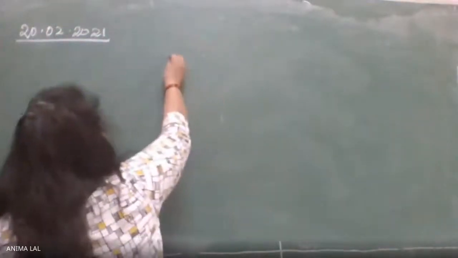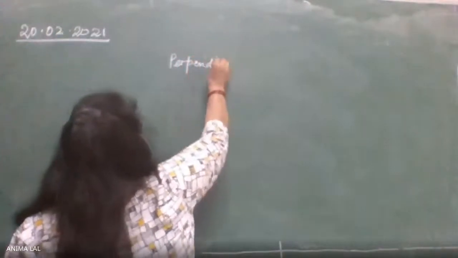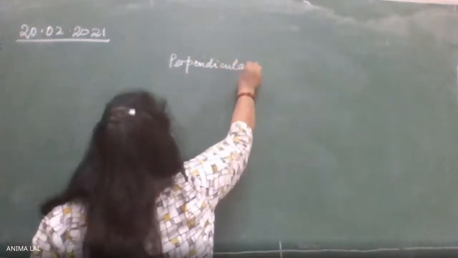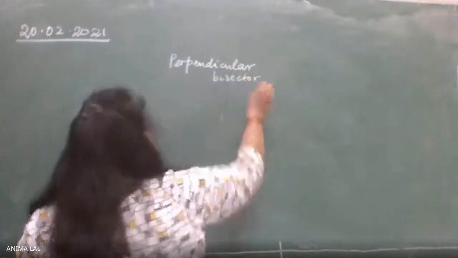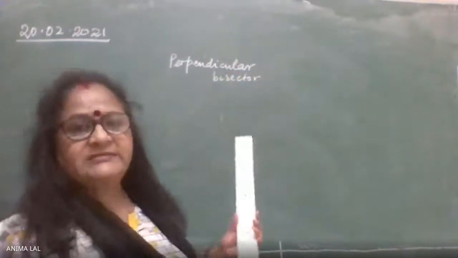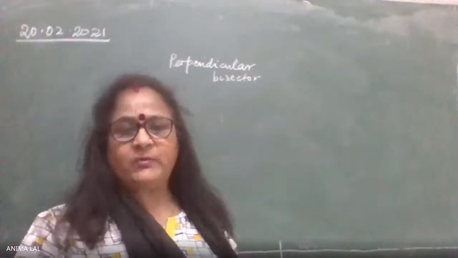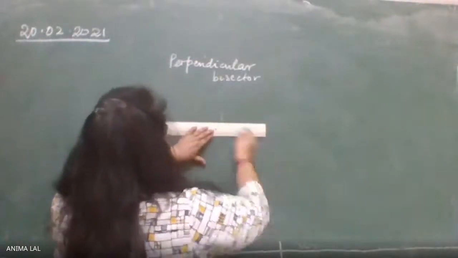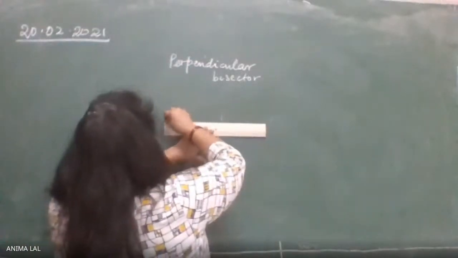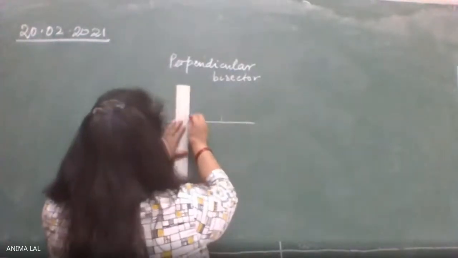Now this we are doing using a perpendicular bisector. Now remember, a bisector is a line which divides any line or angle into two equal parts. So if I take a line, okay, and I want to mark an angle, I mark an angle out here.